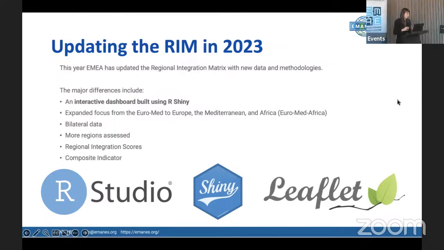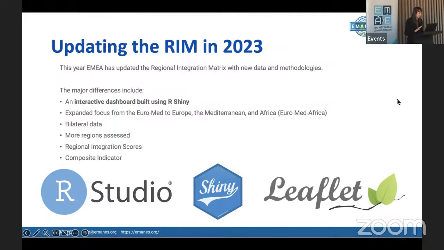I also, as Rim mentioned, expanded the focus of the matrix from the Euromed to Euromed Africa, similar to the transformation of EMANES, which was originally focused on the Euromed.